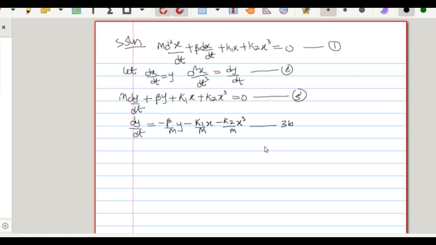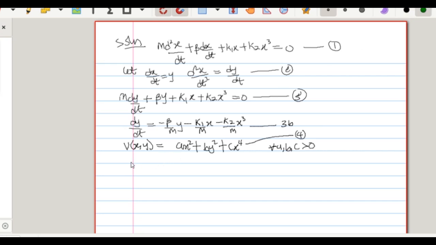So let's assume a Lyapunov function of this form: V of x comma y is equal to a x squared plus b y squared plus c x to the power of 4, for all a, b and c greater than 0. Let me call this equation 4.